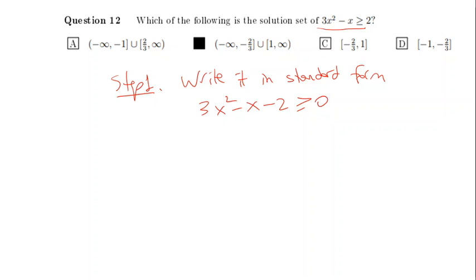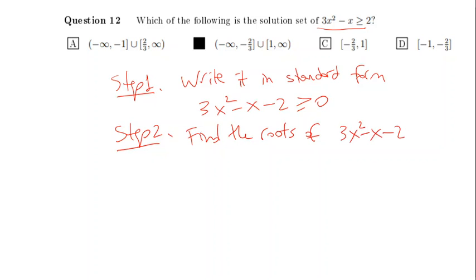Then the next thing is find the roots of 3x squared minus x minus 2 equal to 0. So you will find the roots here.